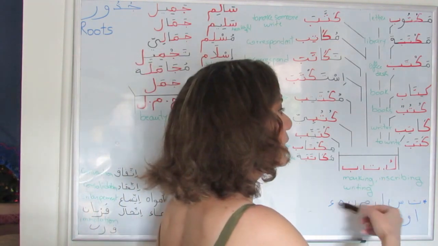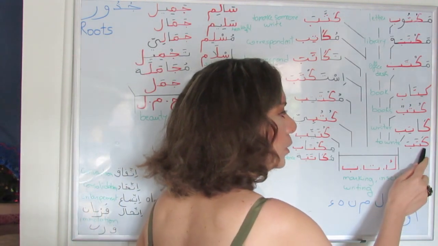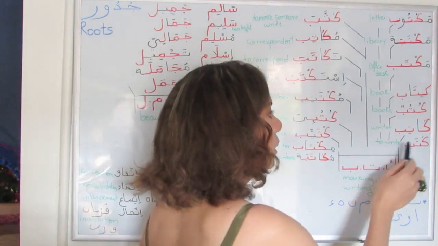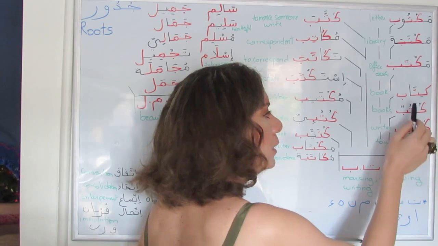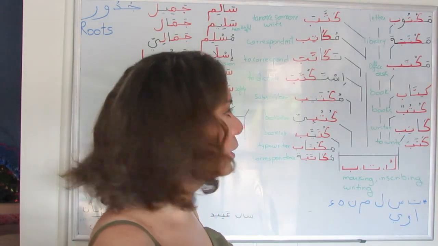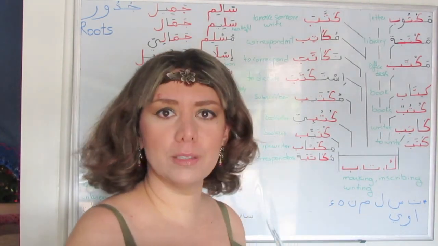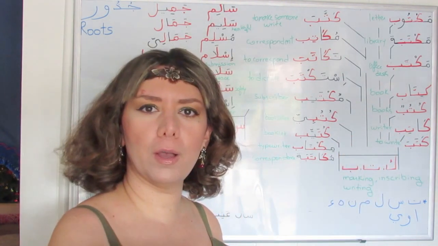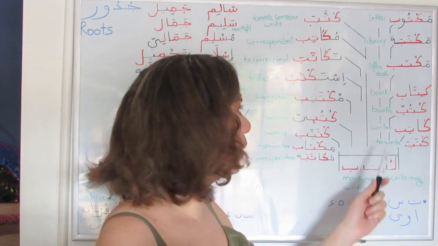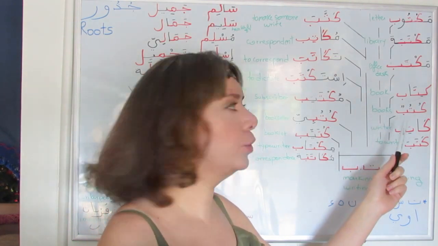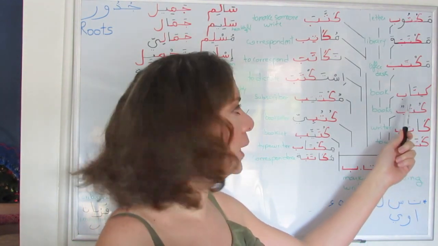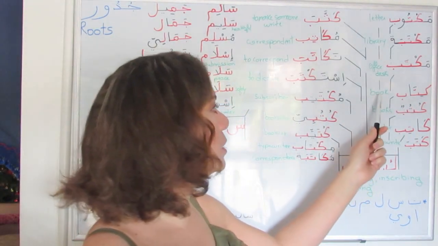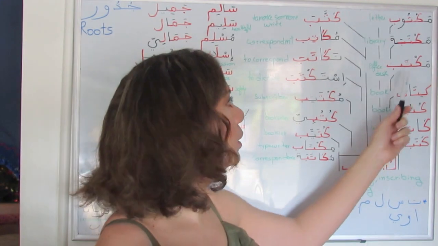From the root kataba, we can have the verb kataba, to write, or he wrote. كاتب, here we added a long vowel, alif, to have كاتب, which means writer. كتب, here we use just the short vowel, ضمة, to have books, كتب. كتاب, we added a long vowel next to ta, which means book.